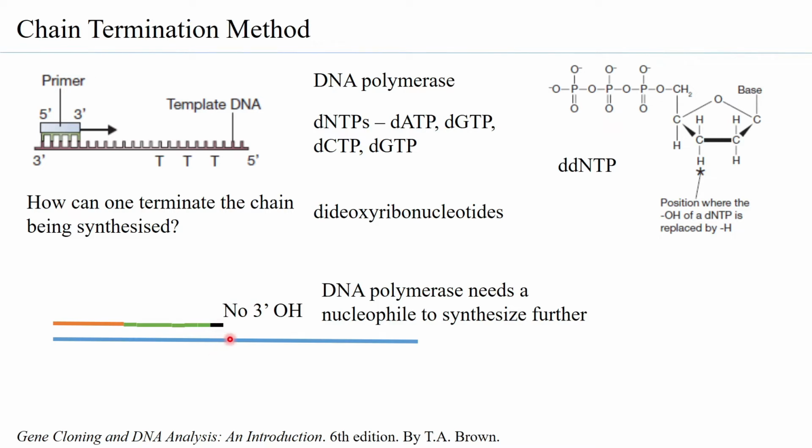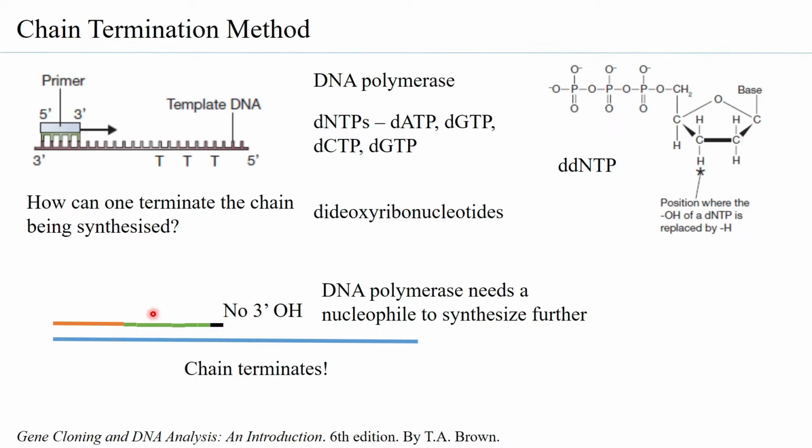So one thing that can be asked is, if the chain terminates and if you have a high number of ddNTPs, then because you have a high number of dideoxynucleotide triphosphates, the first nucleotide that is attached may be the dideoxynucleotide triphosphate.